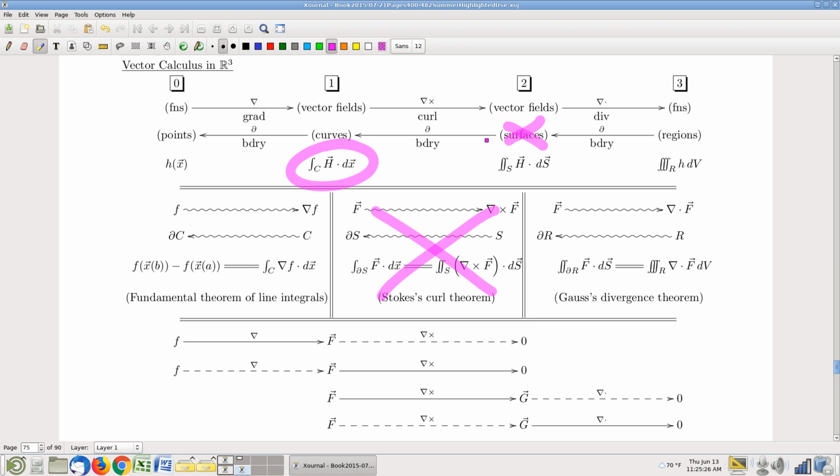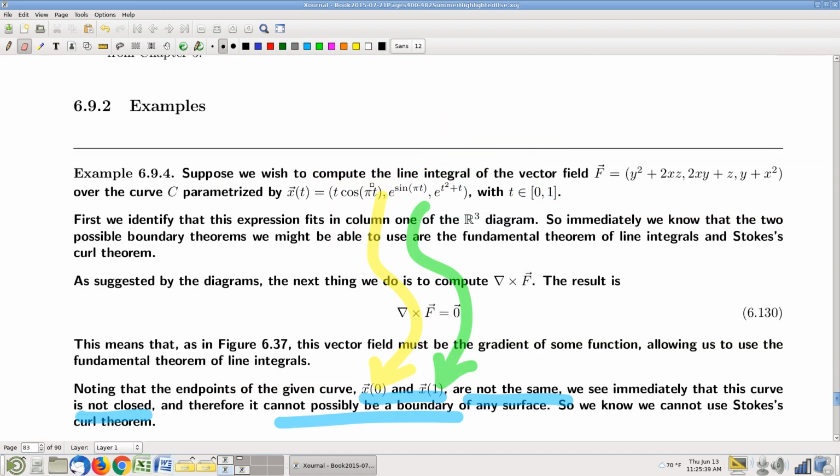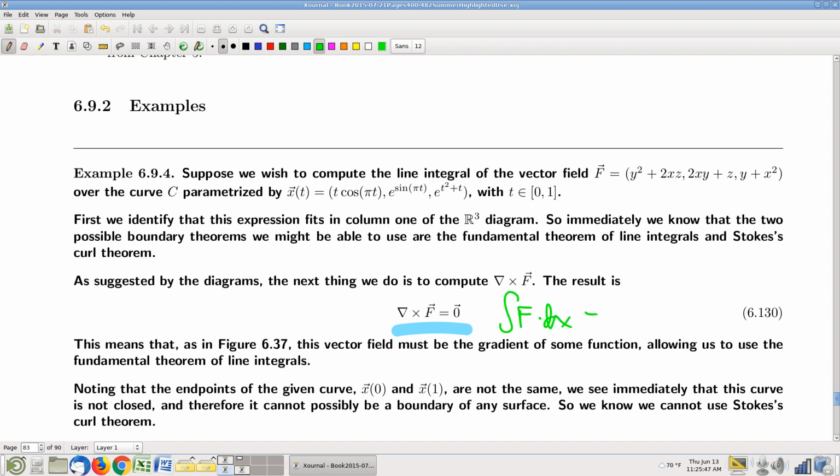Let me show you where students step on a landmine very often in these kinds of problems. Students not thinking about this might say, oh, look, the curl is 0. Then the line integral, we're interested in the line integral of f dot dx. Well then I'm just going to do the surface integral of curl f dot dS.